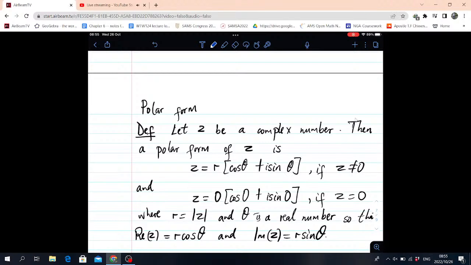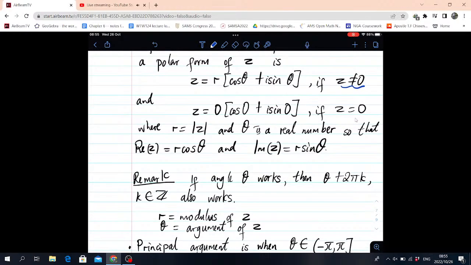Then a polar form of z is z equal to r times cos theta plus i sine theta if z is a non-zero complex number, and if z is equal to 0, then it will look like that. The modulus is 0, and whatever is inside would be 0. So that's what happens, where r is the modulus of z and theta is a real number, right?